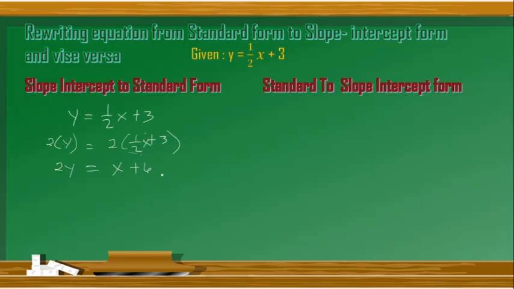Then after that, since we are converting this one to standard form, we will apply a multiplication property.